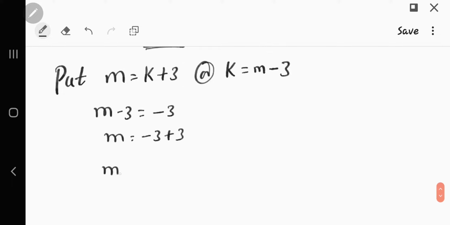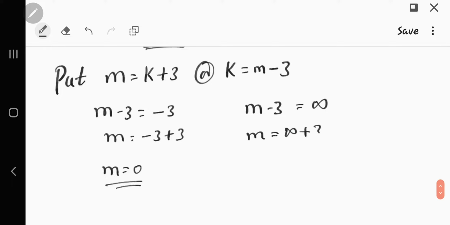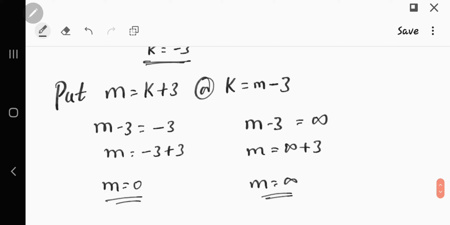So I will get the lower limit as 0. Now if I go for upper limit, m minus 3 is equal to infinity, m is equal to infinity plus 3. So m will be infinity only. So this allows me to make the limit from 0 to infinity. So I replace k with m minus 3.